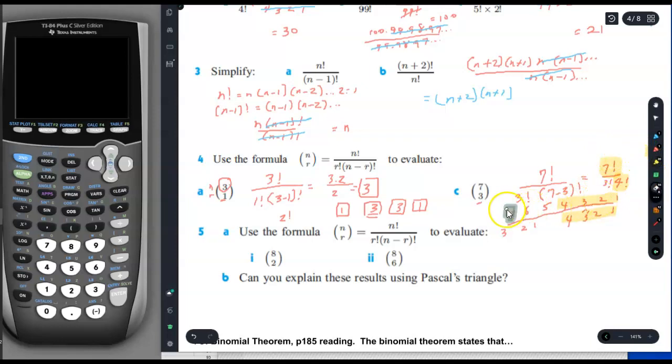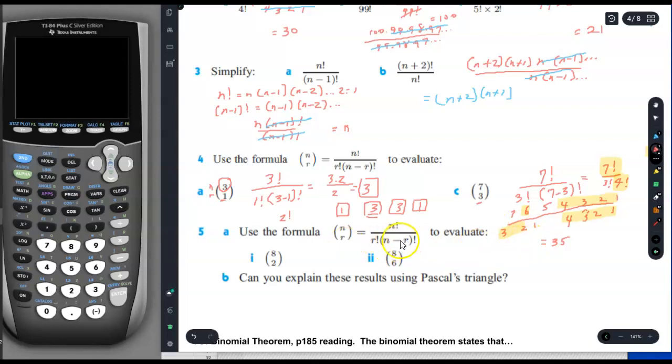So basically, you just have 7 times 6 times 5 divided by 3 times 2. And if you look carefully, the 6 cancels out with the 3 times 2. So basically it's 7 times 5 and nothing else. So 7 times 5 is 35. See? Even though 7 choose 3 looks awful, after you cancel out a bunch of stuff, you only need to do 7 times 5, right?